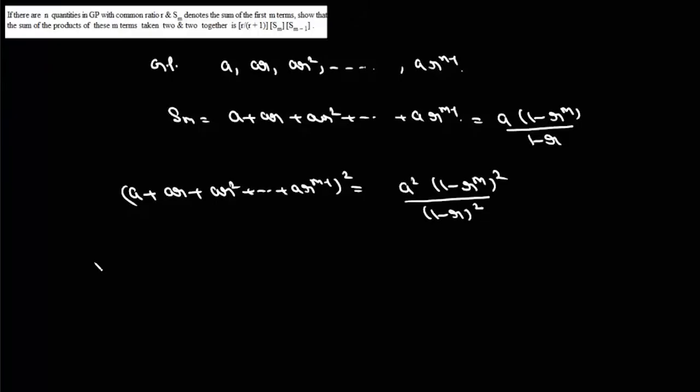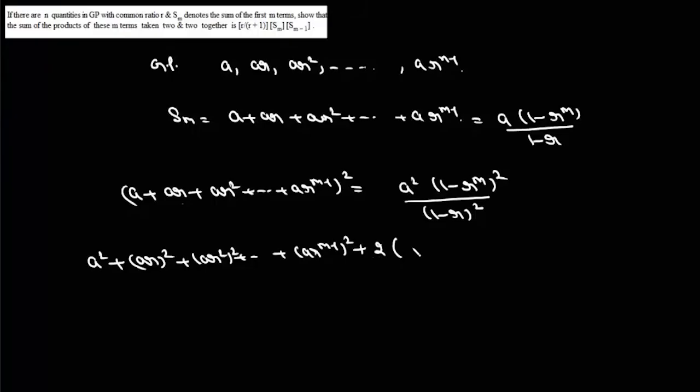Now we can write this as a square plus ar whole square, ar square whole square, plus up to ar to the power m minus 1 whole square, plus 2 times, there will be ab, ac, ad, bc, cd. That is, it will be sum of product of these m terms taken 2 at a time, which is what we need to find in this question.